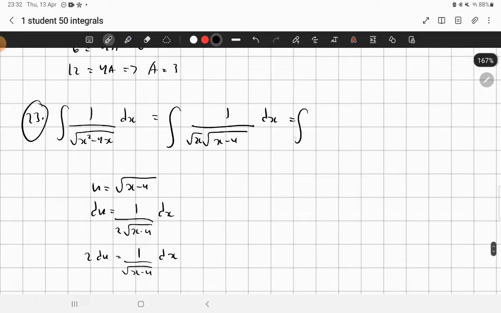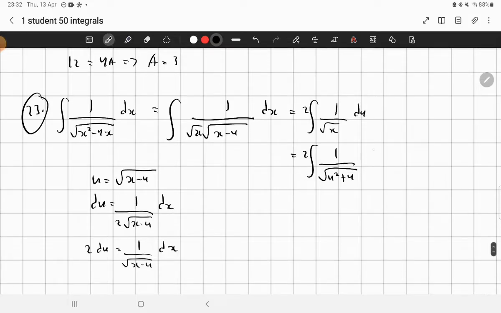So basically we will have 2 the integral of 1 over square root of x du. We know that the square root of x could be expressed as 1 over square root of u squared plus 4.